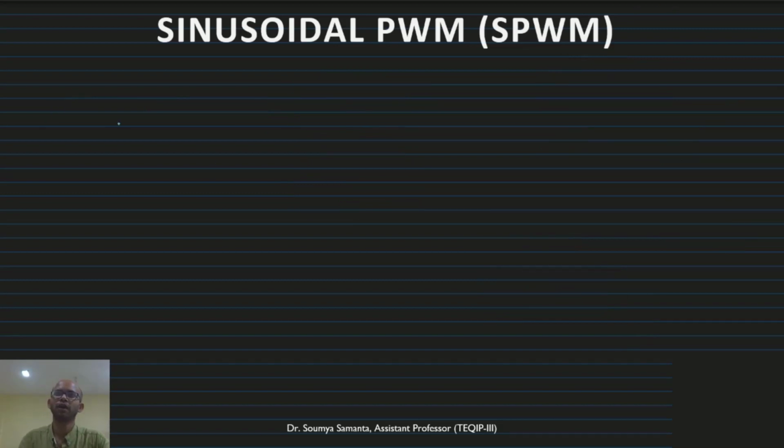So let us now quickly discuss the unipolar and bipolar PWM. Unipolar PWM. So in unipolar PWM, what happens? Suppose, let me change the color.